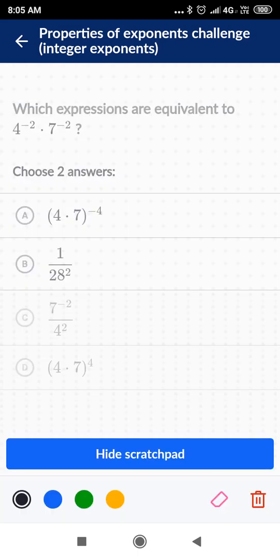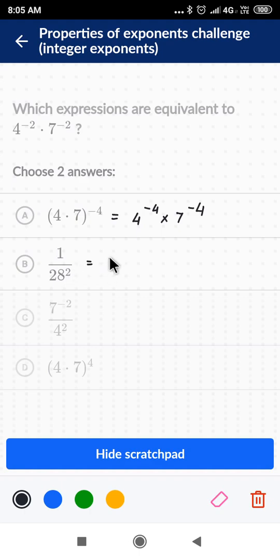Go to the next one. 4 to the power minus 2 into 7 to the power minus 2. There is no simplification possible here. We will come to the options. A is 4 to the power minus 4 into 7 to the power minus 4. B is 28 to the power 2.